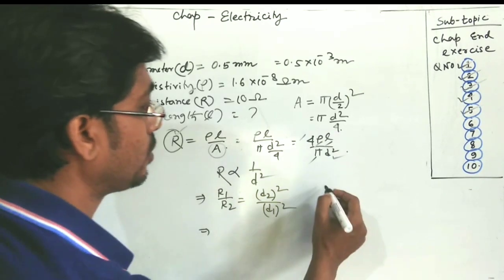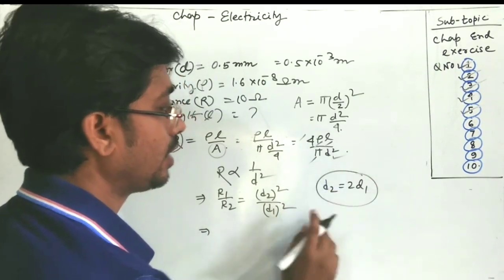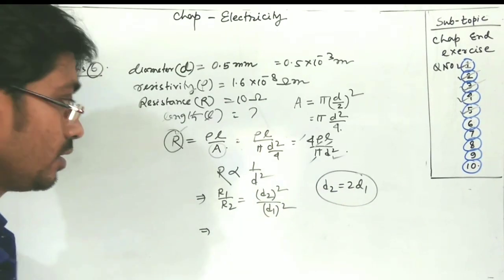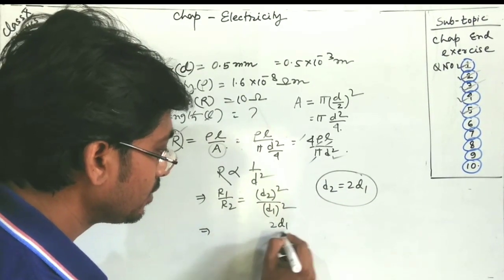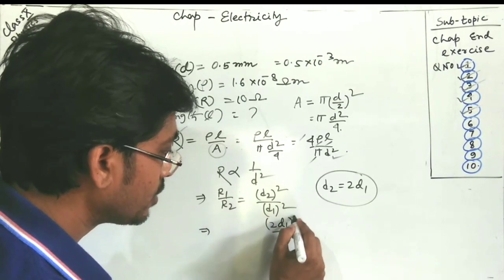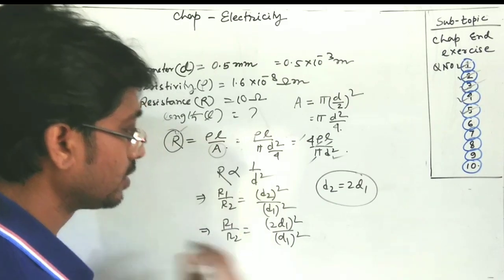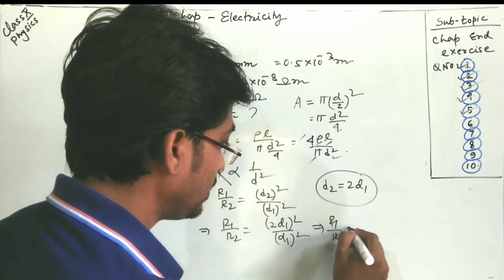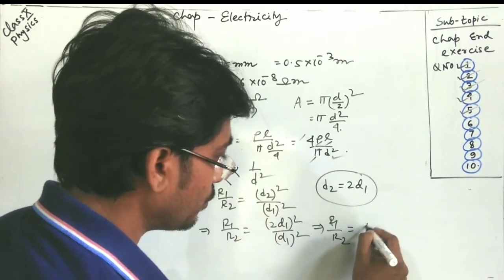So diameter is doubled, so D2 will be 2D1 according to our question, because diameter is doubled with respect to the previous diameter. So D2 by D1, we can write 2D1 square by D1 square. So R1 by R2 is equal to 2 square, which is 4.